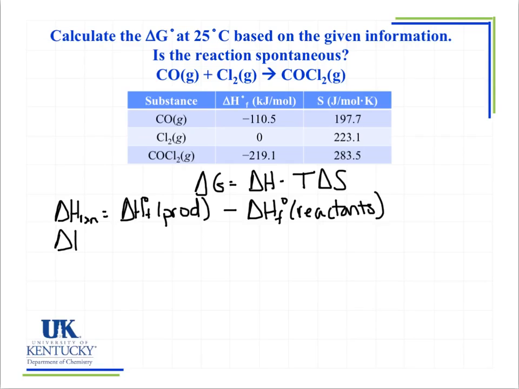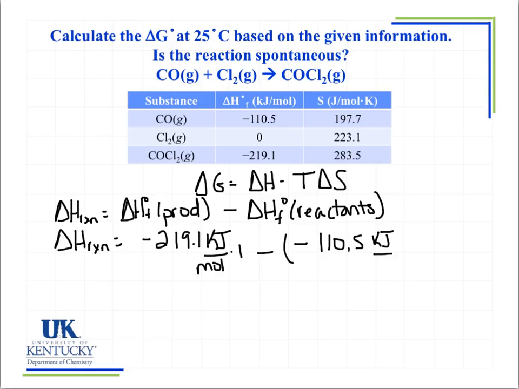So delta H of reaction is equal to our delta H of our products, which is our COCl2, so minus 219.1 kilojoules per mole, and there's 1 mole of that, minus a negative 110.5 kilojoules per mole for the carbon monoxide, again times 1 because there's 1 mole.